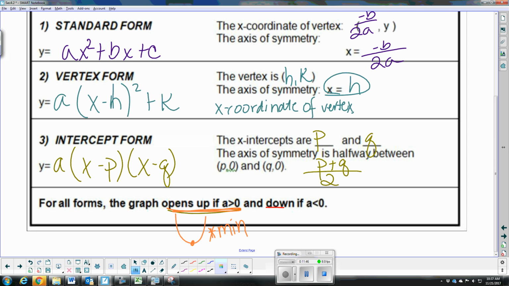And they open down if a is less than 0. So it looks like this. So you have a maximum. And the minimum and maximum are the y coordinates of your vertex.